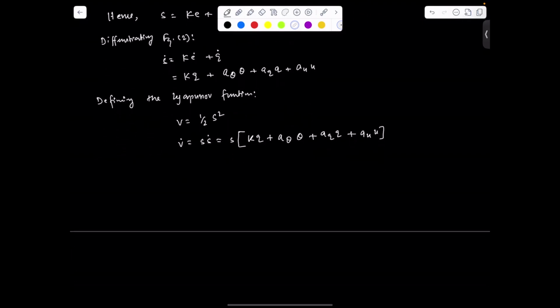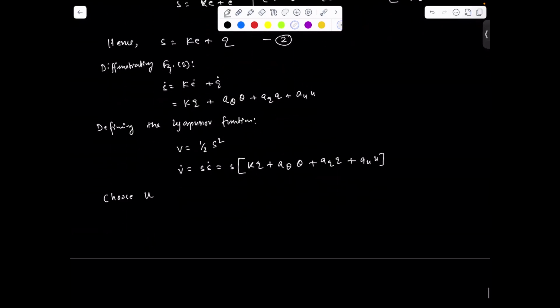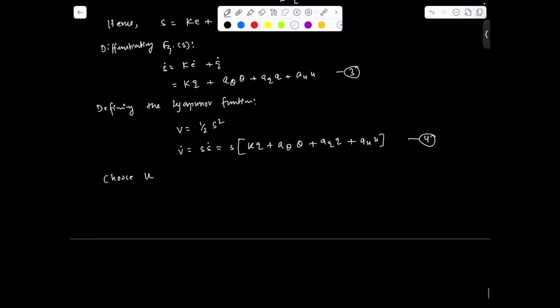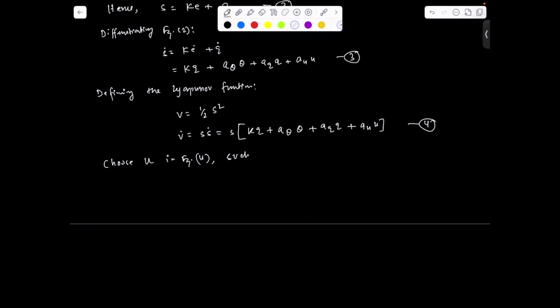We have to choose U in equation 4 such that V dot is negative semi-definite.